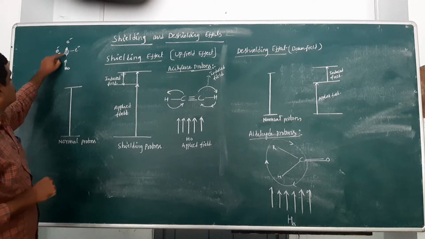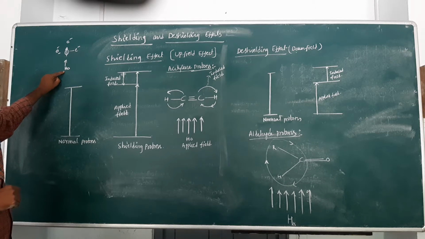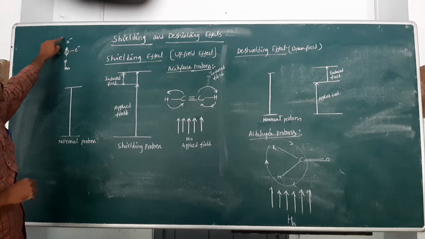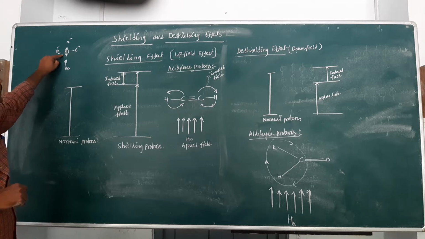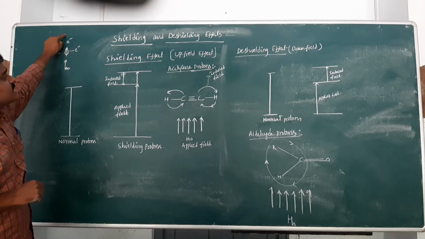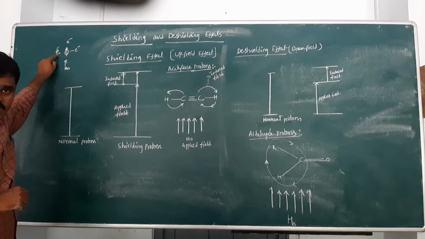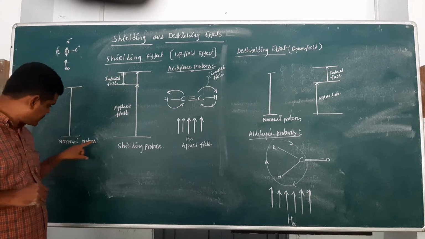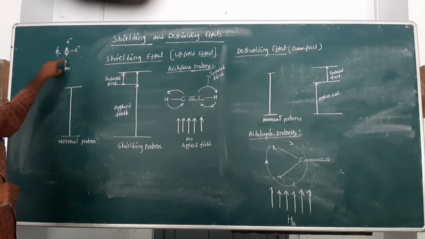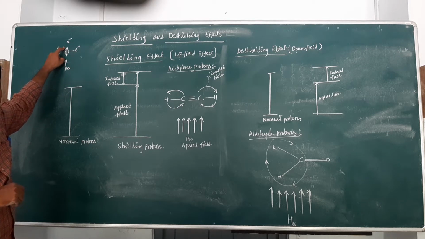The electrons cause the secondary magnetic field around the proton. This secondary magnetic field can either oppose our external magnetic field or reinforce the external magnetic field.